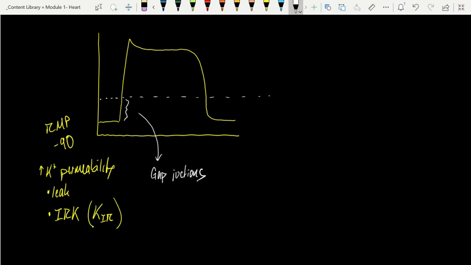The reason this cell begins to depolarize is because its next door neighbor has had an action potential, and all of the ions going into its neighbor spread through the gap junctions into this cell. That's how the heart works in a coordinated functional syncytium. So these ions rush into a neighboring cell, leak through the gap junctions, and then trigger the action potential in this cell.